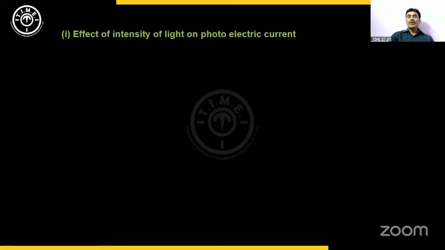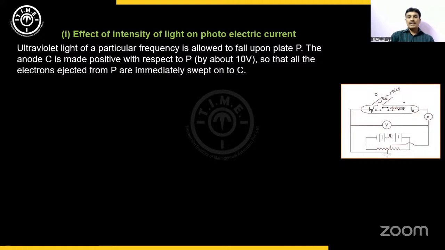Now, let us see the effect of intensity of light on photoelectric current. Already we have defined what intensity is. Intensity is nothing but the energy incident on a surface per unit area of cross section in unit time. UV light of a particular frequency decides the energy of each photon, as E is equal to h nu. Related to this frequency, the energy is fixed.